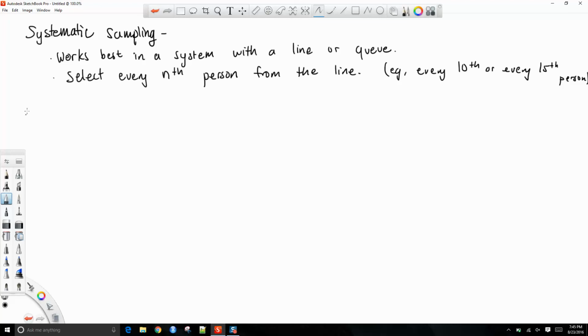All right. Other methods. We have stratified sampling. With stratified sampling, this actually makes the sampling process a little bit more difficult.